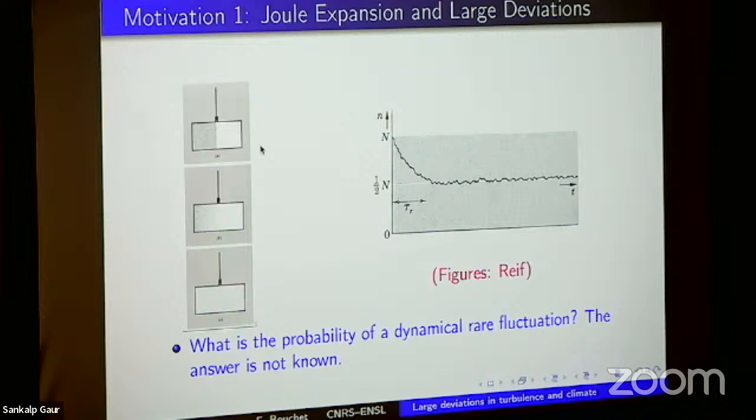The probability to see a rare fluctuation is proportional to the exponential of the entropy divided by kB, right? And so this is just the Einstein formula. But what you cannot read in classical textbooks is, so in classical textbooks, the probability for this very rare fluctuation is related to the entropy.